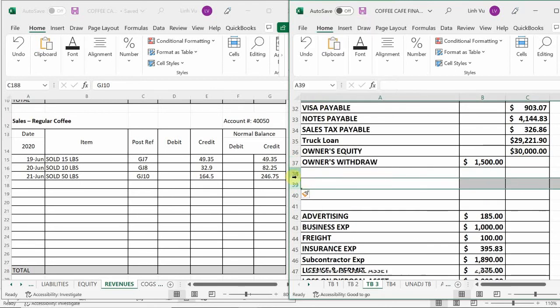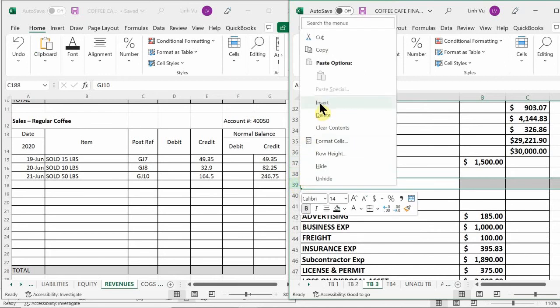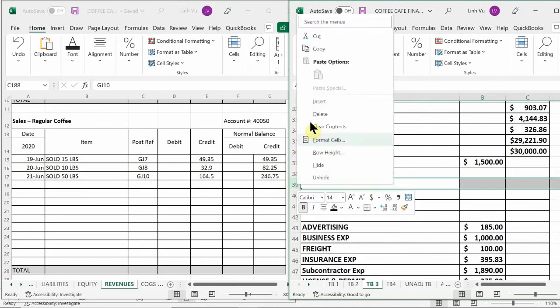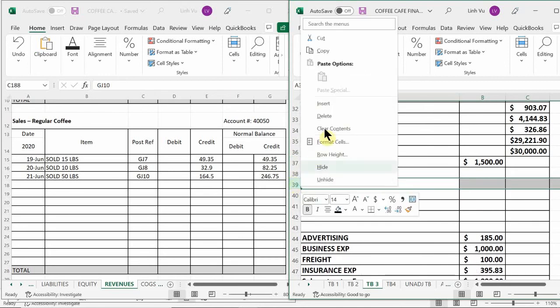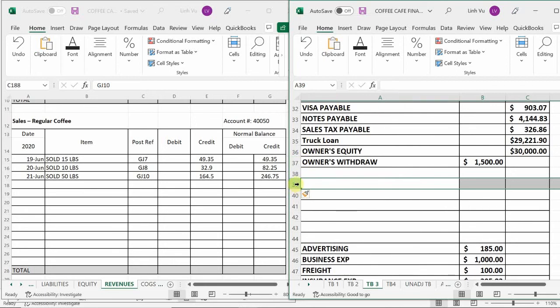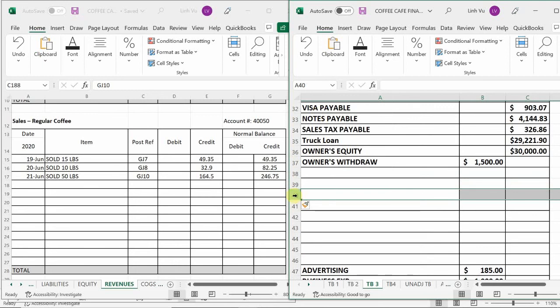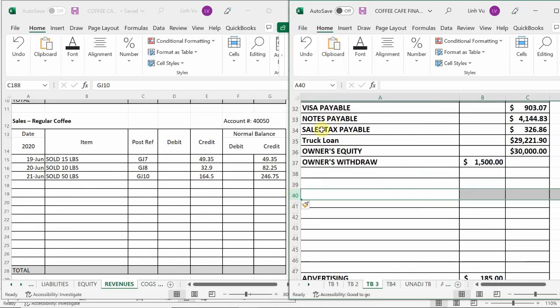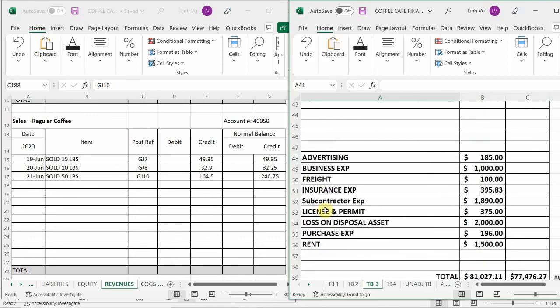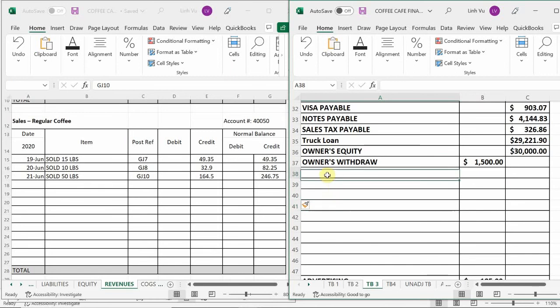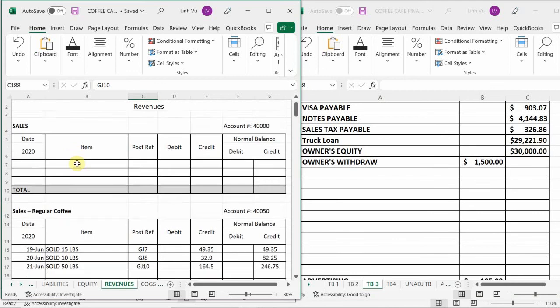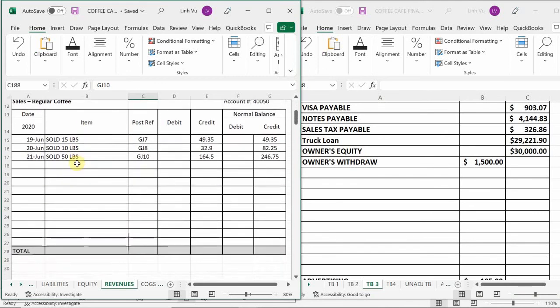I got medium regular, large regular, medium supreme, large supreme. I got some sales discounts. I got a sales returns. And I believe I have delivery income. Okay. So that's the ones I know off the top of my head. But if we need to add more, we'll add more. Okay. So starting with the first one, we got sales regular coffee.